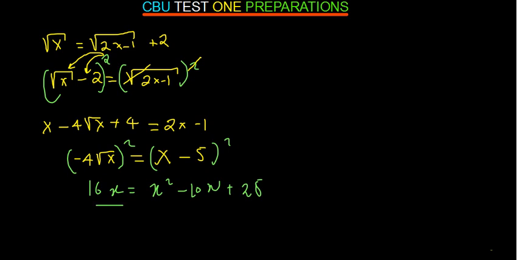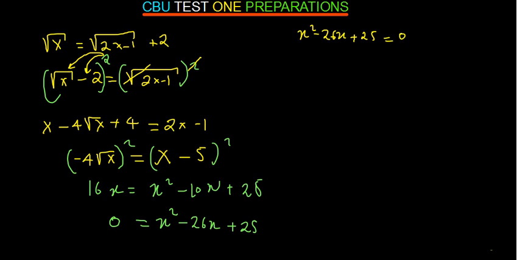So I'll take the 16x also to the other side, so there will be a 0 here, and that is going to be equal to x squared. 16x goes to the other side, it will be negative 10x minus 16x. That is going to be negative 26x, and then plus 25. This I can also write as x squared minus 26x plus 25 is equal to 0.